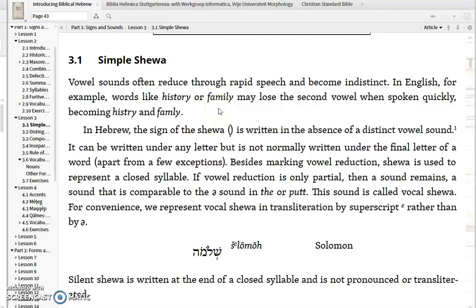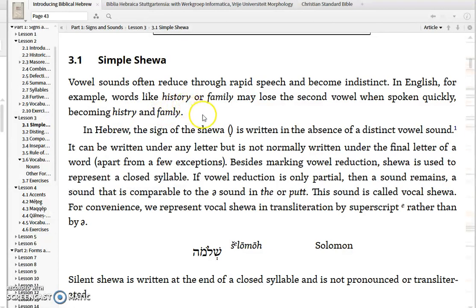Now, if you had a very strong I vowel in there, well, that would not be a schwa. But the sound in the middle of family, that would be a schwa. And history, same thing.